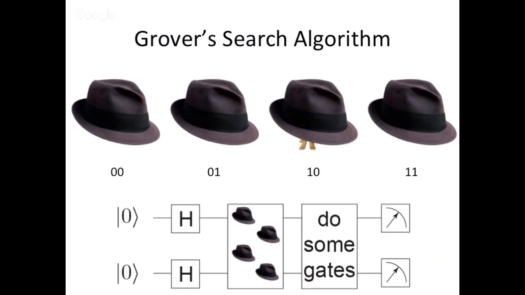So what that vector looks like is now an equal mixture of all 4 of these states. And then we're going to pass the state through the hats, and the hats are going to have some effect on the vector we put through it. I'll show you what that looks like. And then afterwards, we have to do some more gates to do some processing before we do our measurement. So I'll take you through it.